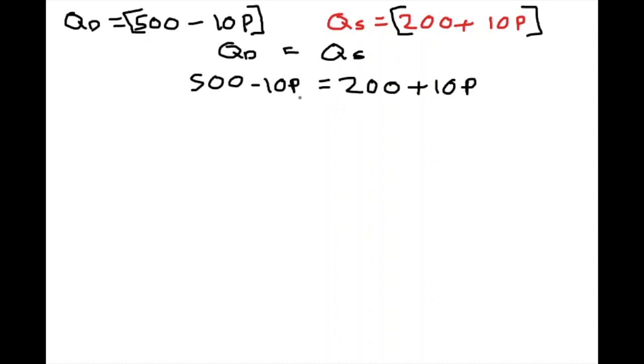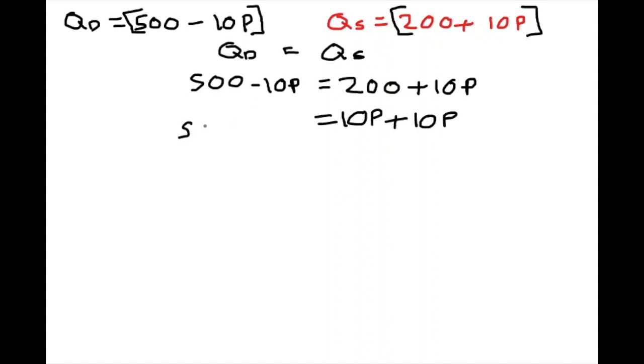So we bring everything with price to one side and everything that's just a number to the other side. I see that minus 10p is over on the left hand side. If I bring that over to the right hand side, I will get a plus 10p when I bring it across the equals sign. And I also have my plus 10p over here that I've left alone. So 10p plus 10p. I will bring my 200 over to the left hand side.